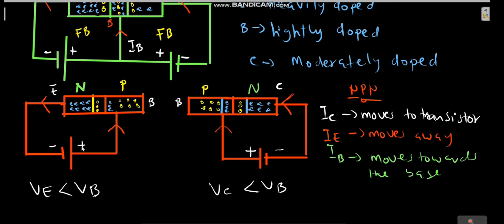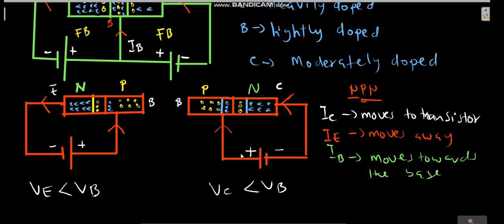Current flows from the region of higher potential to the region of lower potential. So in that case, the voltage at the base is greater than the voltage at the emitter. Since the base side is positive and the emitter side is negative, the voltage at the base side will be greater than the voltage at the emitter side.